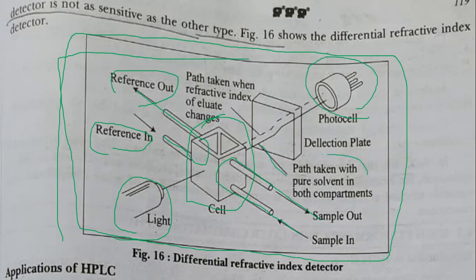This is the path taken with the pure solvent in both compartments. See, this is one compartment and this is another compartment. When only solvent is present in both compartments, the path taken by the light is shown by this line.